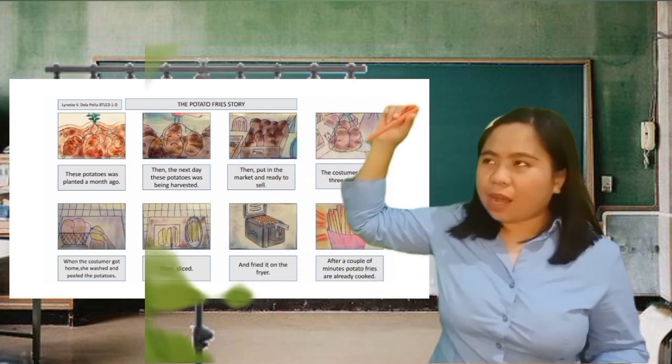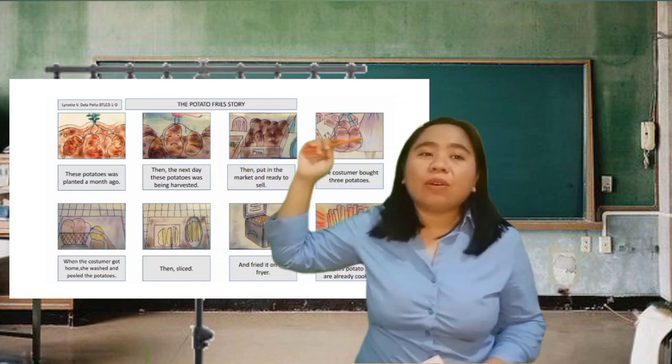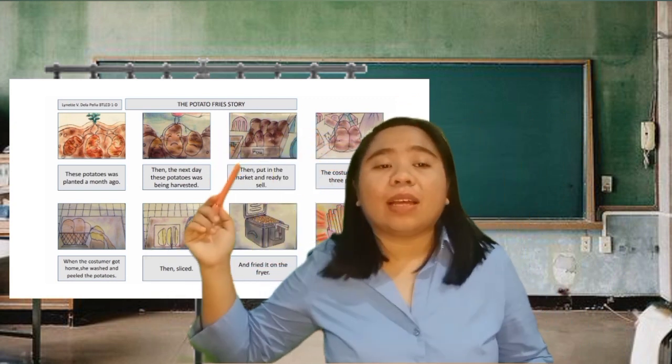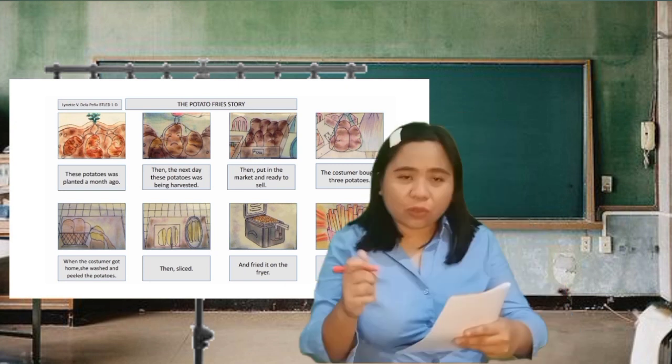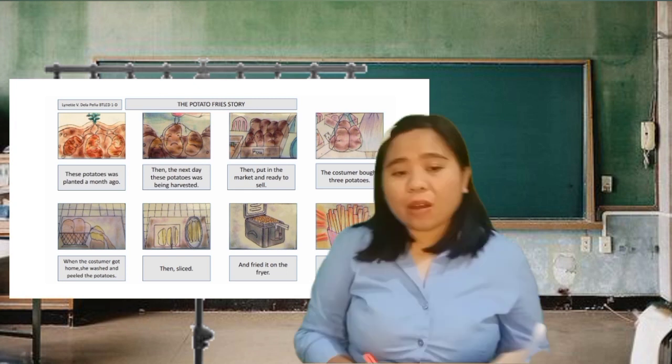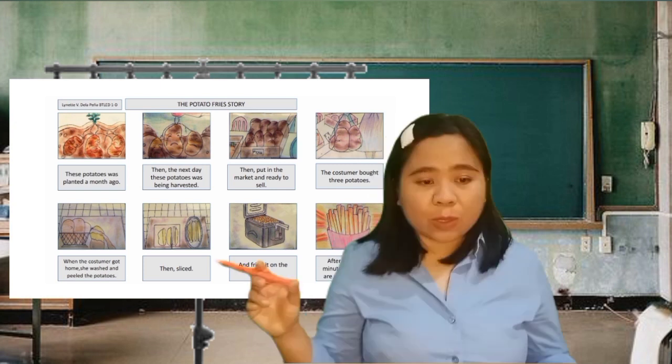While doing this storyboard, I followed the steps on making a storyboard because in order to have an idea of what you're going to draw, you must understand the script. For example, on the first frame, I put that this potato was planted a month ago.